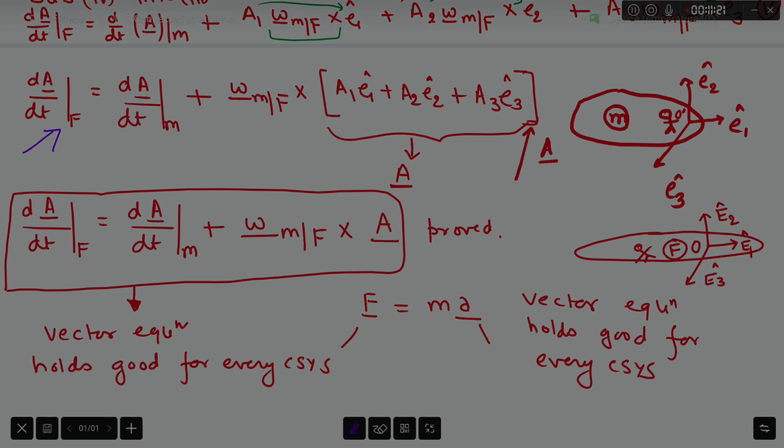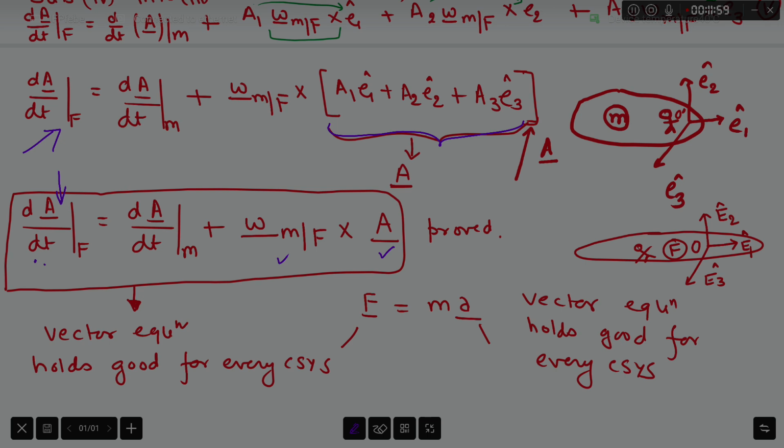Now here, this bunch of terms that we have grouped together is simply the full vector A. Thus, we are now in a position to reach the conclusion of this derivation: the rate of change of A with respect to F is equal to the rate of change of A with respect to M plus an additional term, which is the cross product of the angular velocity of M with respect to F with the vector A itself. We have been able to prove this statement.